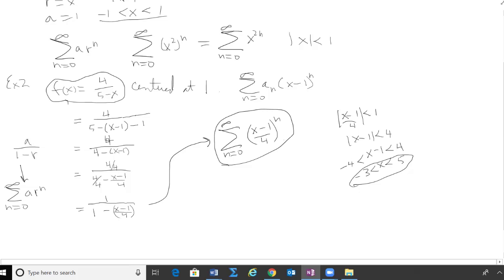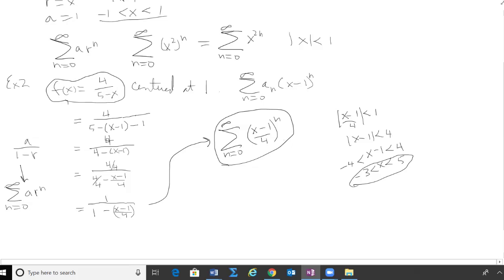For example, if I put in an f of 1, that would be a 0, right? If I put a 1 in here, it would be 0. If I put a 2 in, well, f of 2 is 4 over 5 minus 2, so 4/3. So it should converge to 4/3.